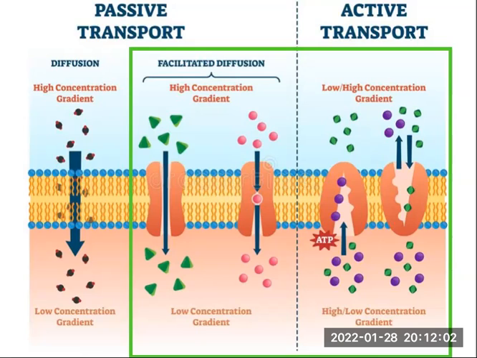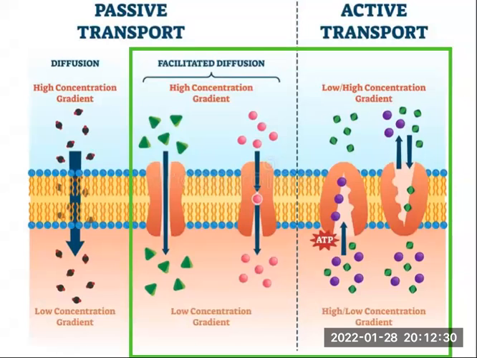The majority of the molecules in our body are either lipophobic, meaning lipid-fearing, or electrically charged, and therefore cannot freely cross membranes by simple diffusion. Instead, the vast majority of solutes that cross membranes in our body cross with the help of membrane proteins. And this is a process we call mediated transport.